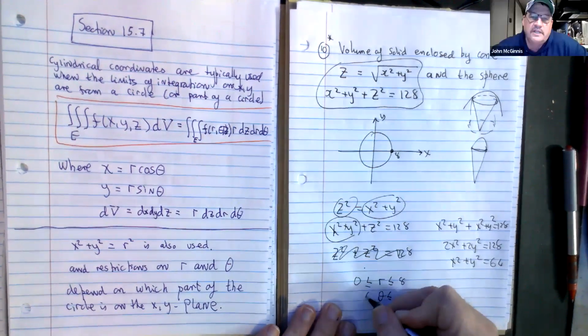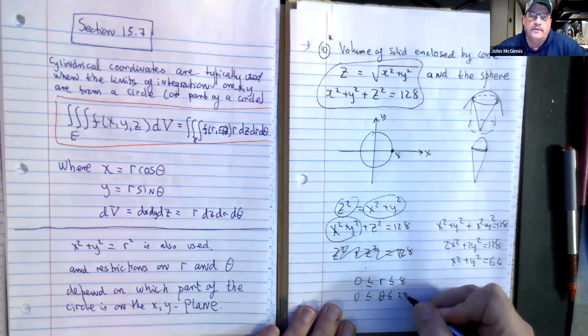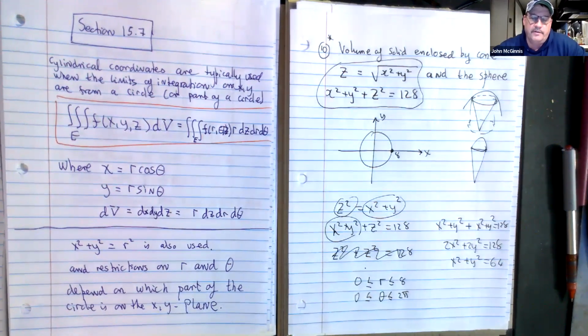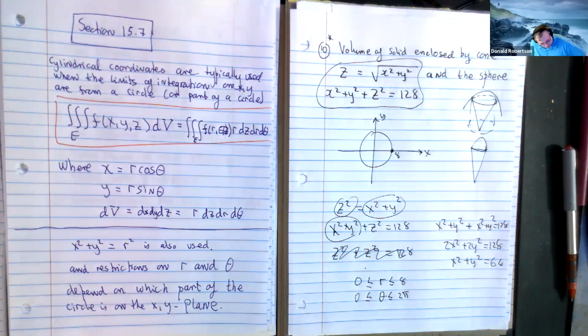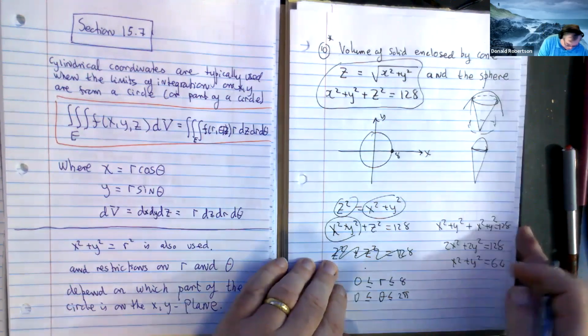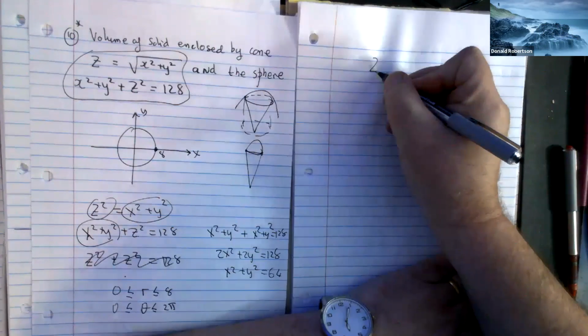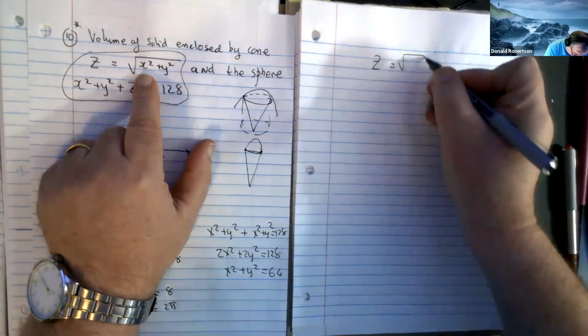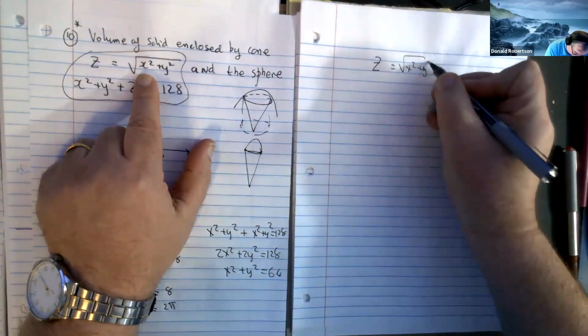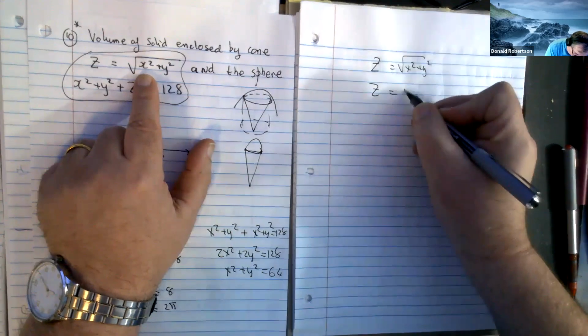Just out of curiosity, why didn't you convert everything to r squared, you know, the x squared plus y squared to r squared right away? Oh, I could have. Let's see what that would look like. So z, which is the square root of x squared plus y squared, that one would become r.